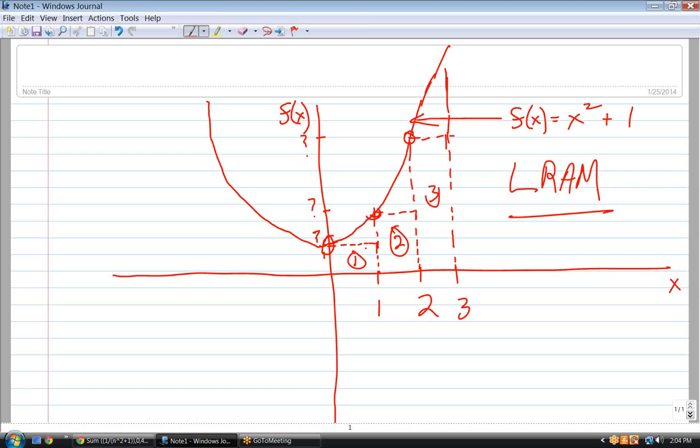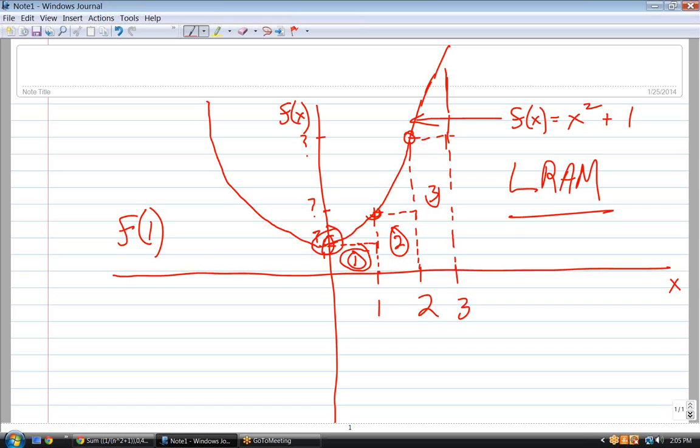What is the area of rectangle number 1? 1. Because the height is what? It's f of 0. That's the key thing to understand.